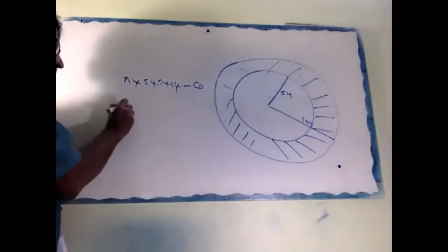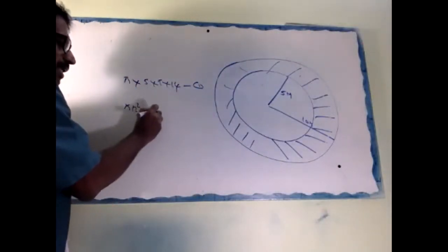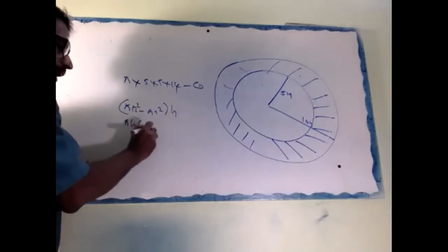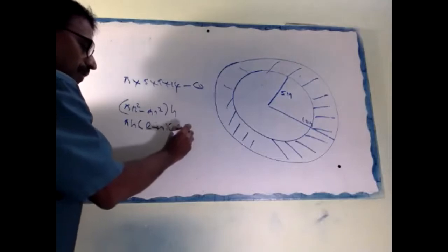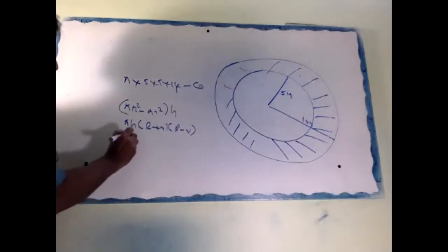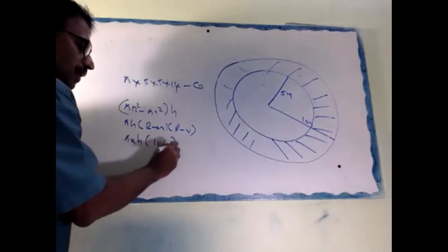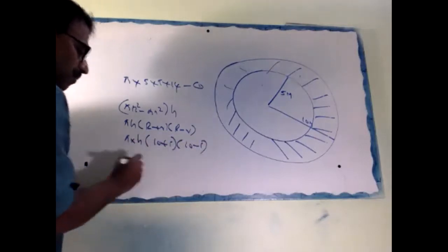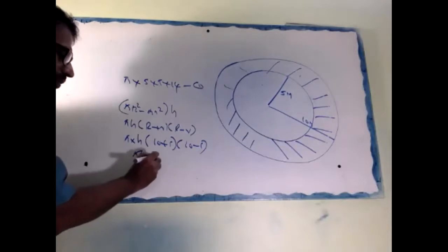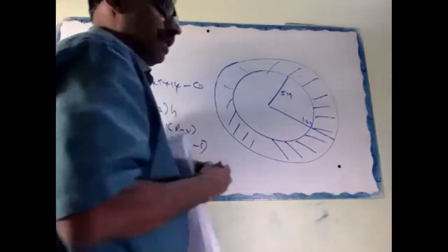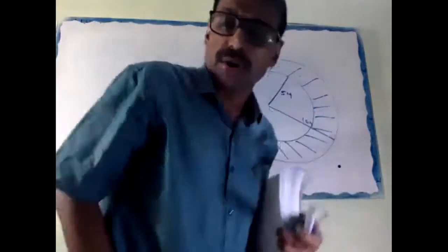Base area means pi capital R square minus pi small r square, into h. So pi h into R plus r into R minus r. So pi h is what we have to find out. R is 10 plus 5, into 10 minus 5. So pi h into 15 into 5. This is number 2. Equating both, we can find out the h. Okay. I'll give the note.